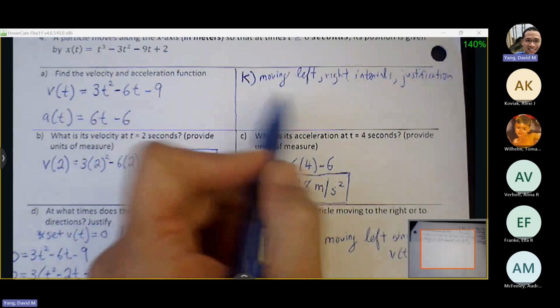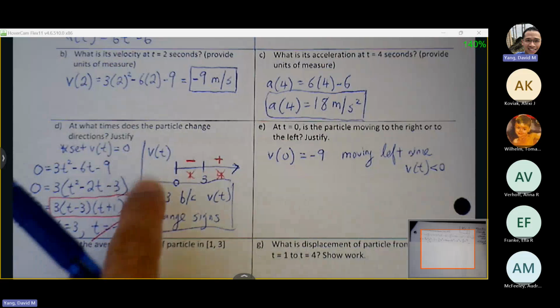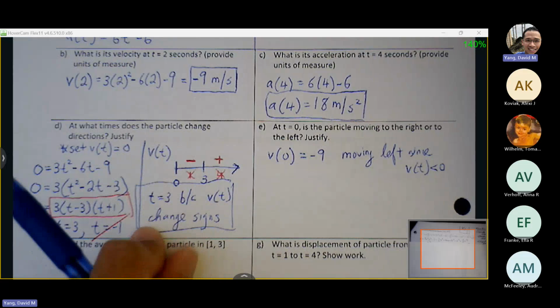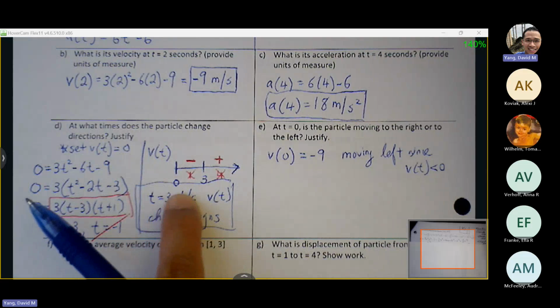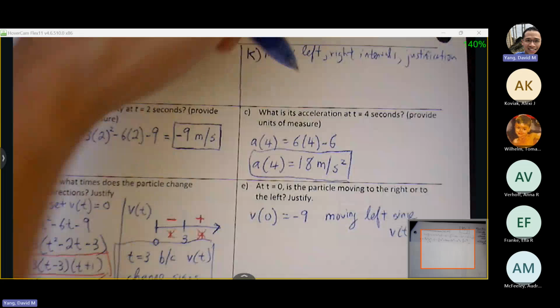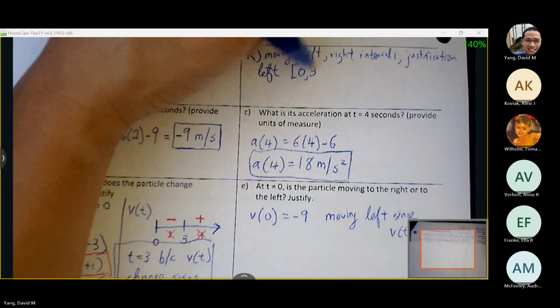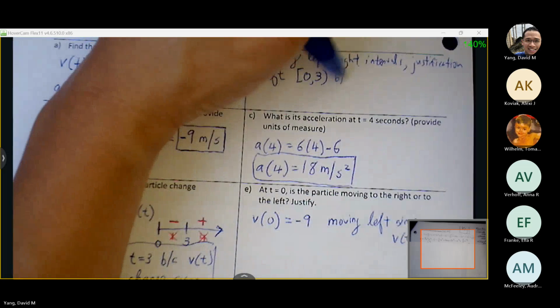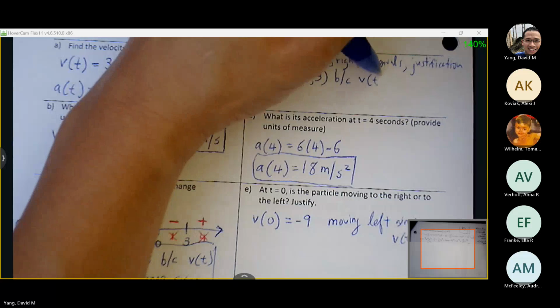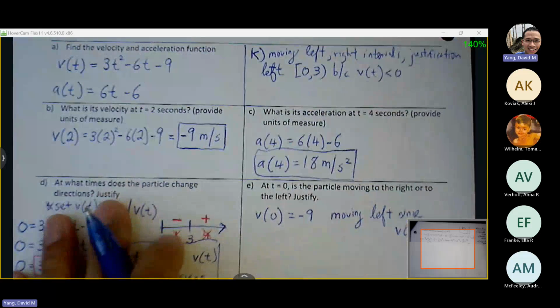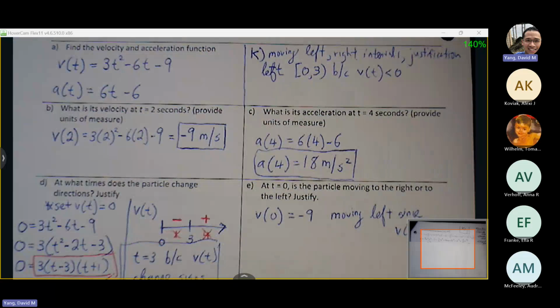Okay, so intervals of moving left, when is the particle moving left? 0 to 3, and then what are our notations here? What's that 0? There's going to be a bracket there. Our justification is because velocity is less than 0, or negative velocity.